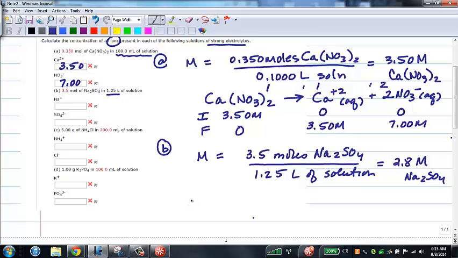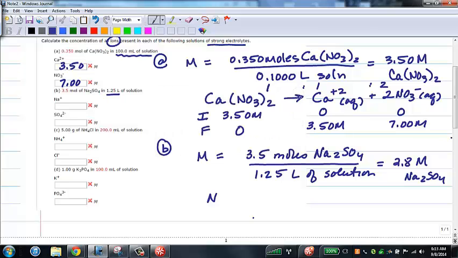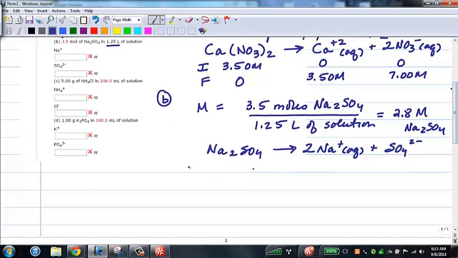But as before, they're asking for the concentration of the sodium ions and the sulfate ions. So we have to consider how sodium sulfate breaks apart. Sodium sulfate breaks apart to produce 2 sodium ions and 1 sulfate ion. So if the original concentration of sodium sulfate is equal to 2.8 molar, after it breaks apart there won't be any left because it's a strong electrolyte and all of it breaks apart.